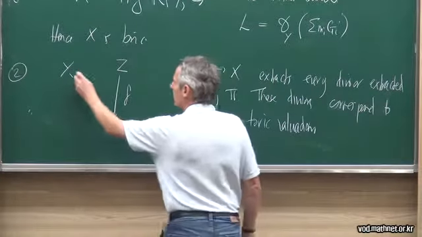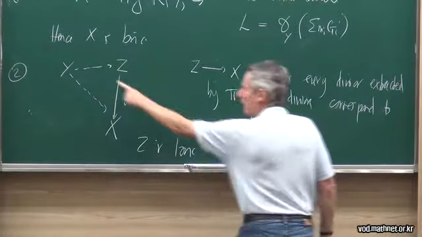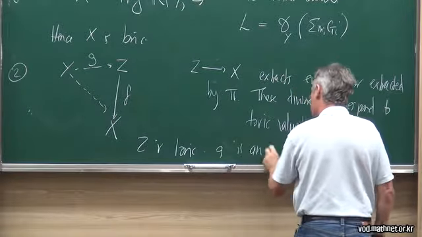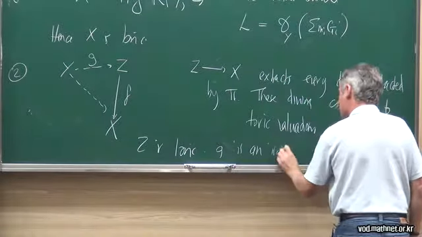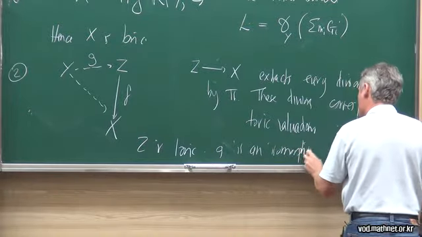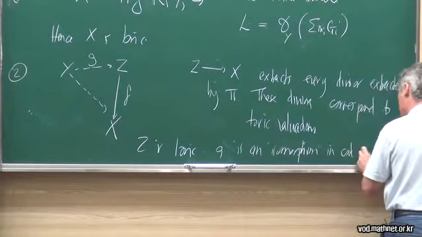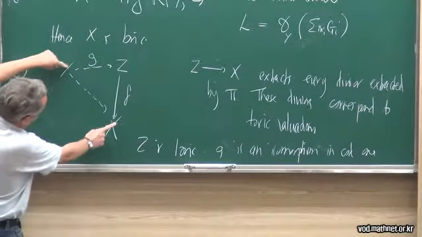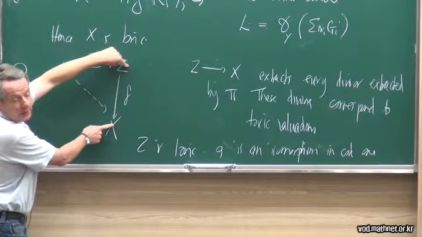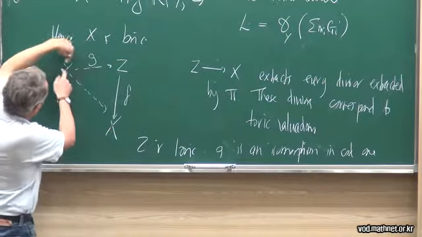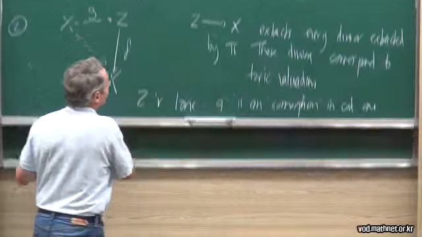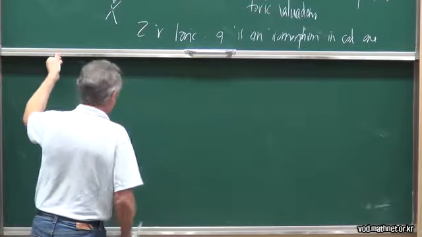And then what's this map? This map, G, let's say, G is an isomorphism in codimension 1. Right? Because this guy extracts some divisors, this guy extracts divisors, but the same divisors. So these two things are isomorphic in codimension 1.